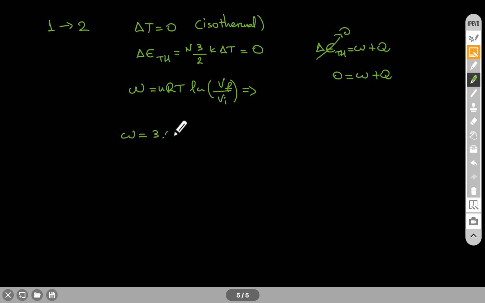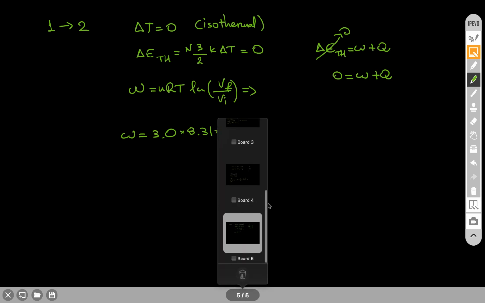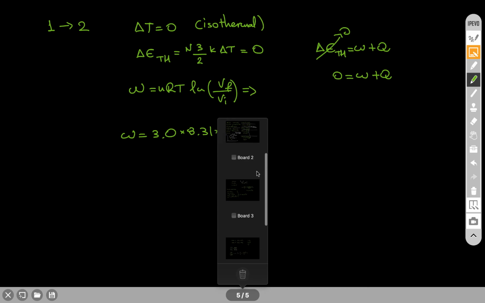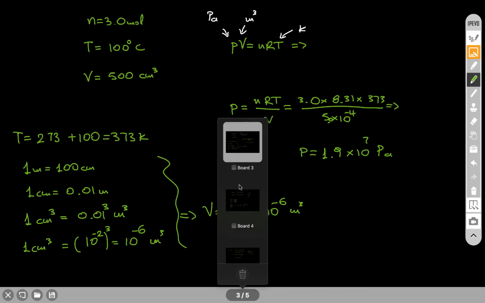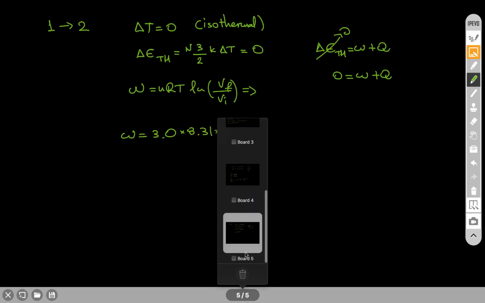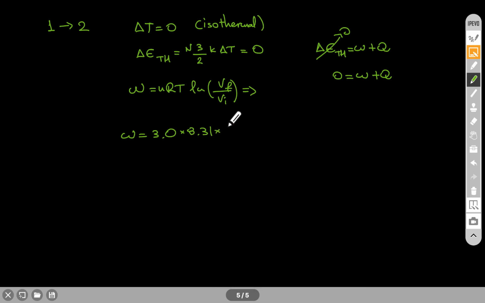I can use 3 moles, as I gave you the numbers in a different video, times 8.31 times, let's see, I think it is 373 for the temperature. Let's see if I remember correctly. Yes, 373 for the temperature, and then times the natural log.